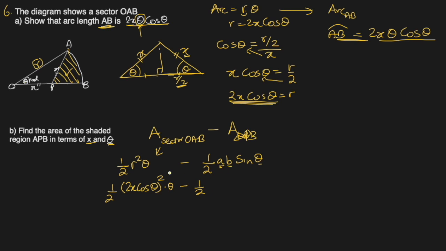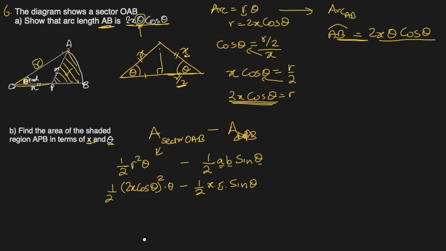What are A and B? Any two sides and the angle between them. We know theta is the angle between x and r, so I'll take these two sides, x and r, and the angle between them is theta.